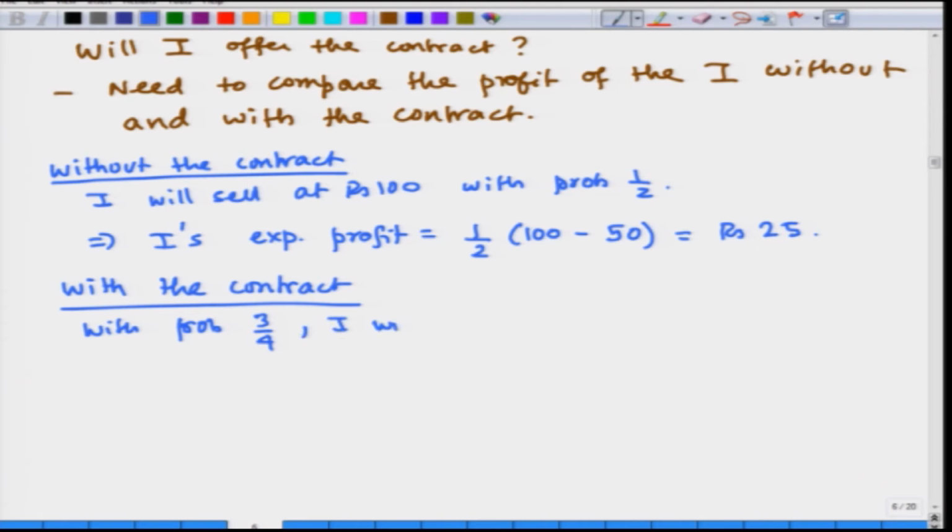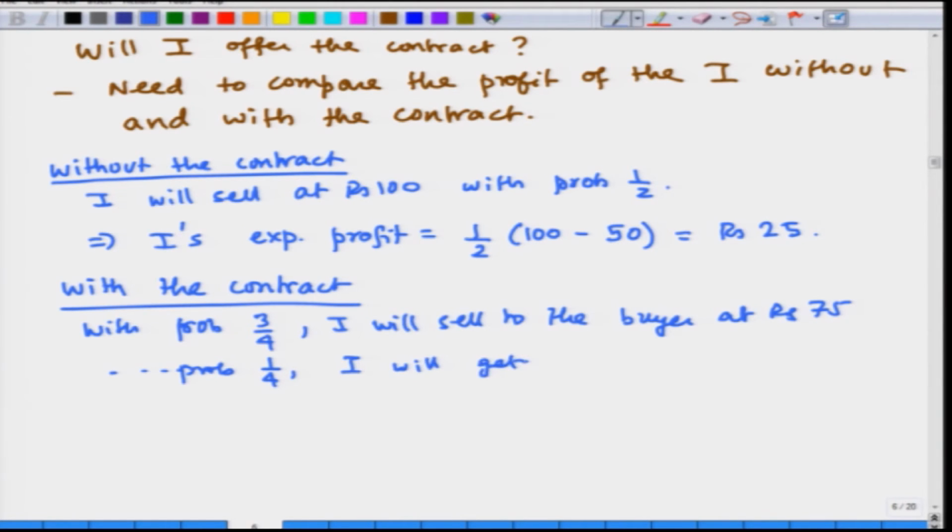So, I will sell to the buyer at a price of rupees 75. With probability 1/4 I will get the breach of contract penalty, which is rupees 50.